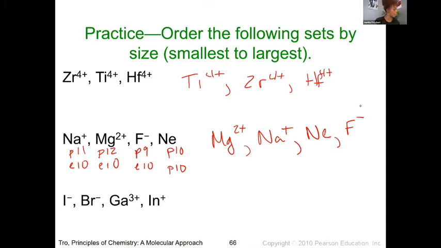Comparing gallium versus indium, the one that's furthest down is larger, so we start with gallium, followed by indium with the charge. Then for our anions, we know the lower down will be bigger, so next would be bromide, followed by iodide.